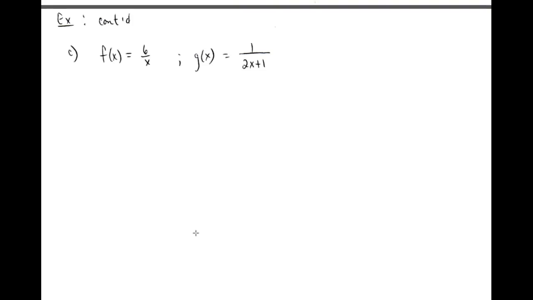All right, so for our next example, we're going to take our two functions and form compositions again. So f of g of x, we're going to write it like this. Everywhere we see x in f, we're going to stuff g of x into it.